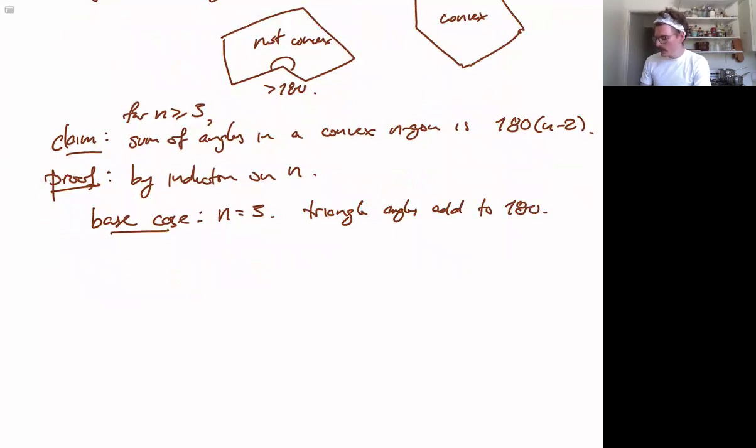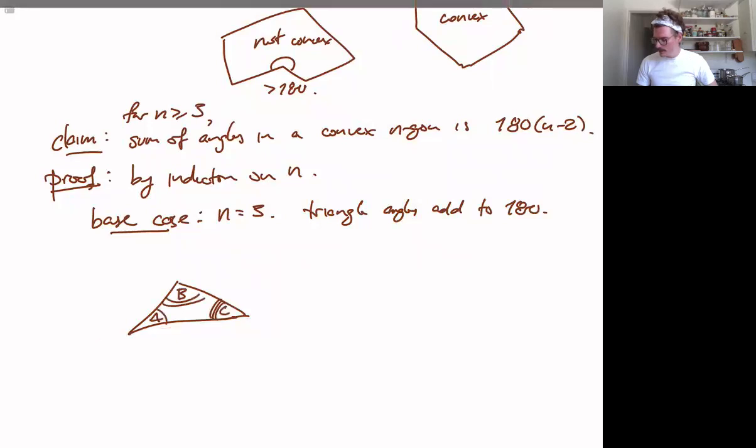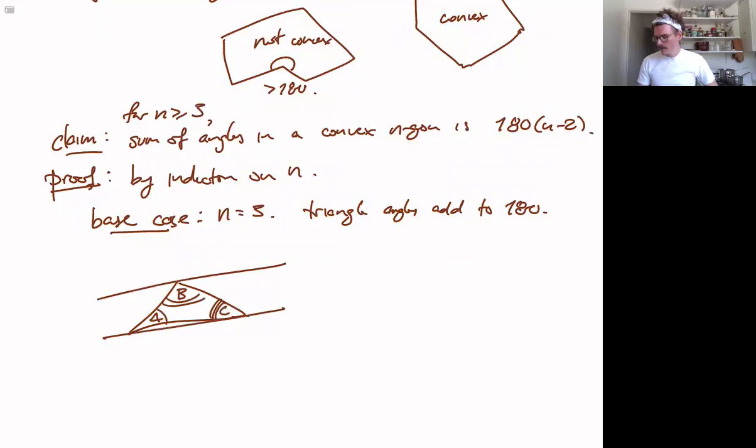I'll give a little bit of an informal proof. If we draw a general triangle that looks something like this, and we label the vertices A, B, and C, we label the angles, rather, then let's take this side of the triangle, and let's draw a parallel line up here.